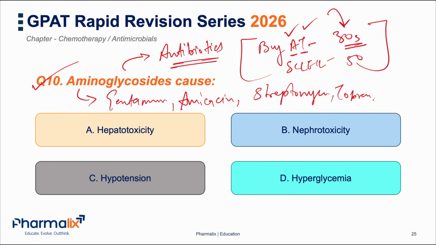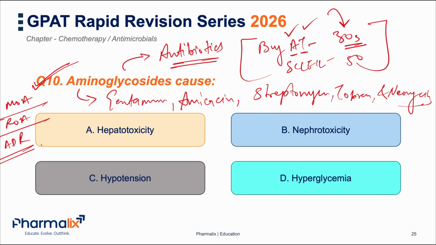Tobramycin and neomycin. So what kind of questions are being asked about aminoglycosides? First thing, mechanism of action. Second, where it is applied, route of administration. It is applied in cream, tablets. Third, what are the ADRs, adverse drug reactions, which is in this question. And then lastly, they sometimes ask about the classification.